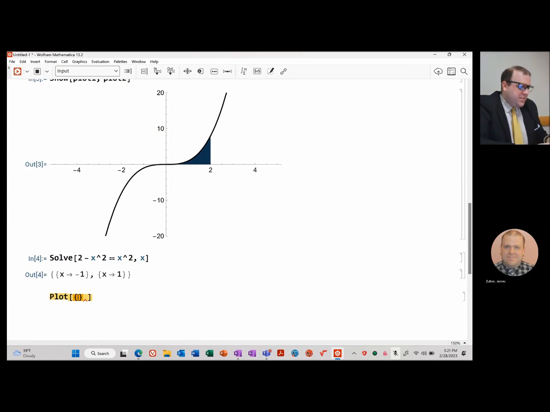So we're plotting 2 curves. But it said we're in the first quadrant, right? I'm going to go 0 to 1. See how this looks.